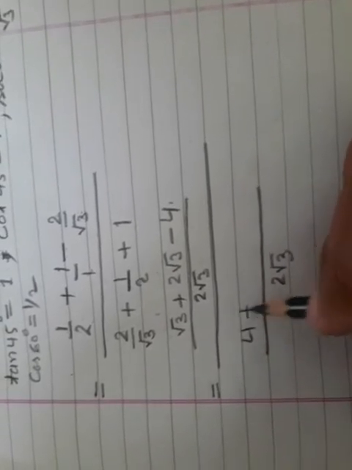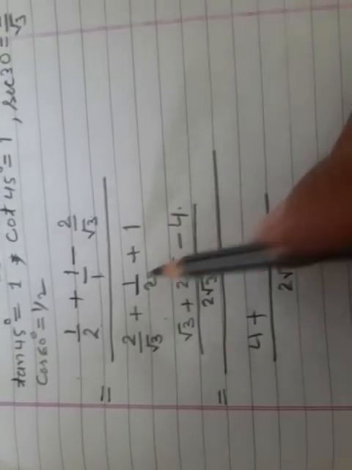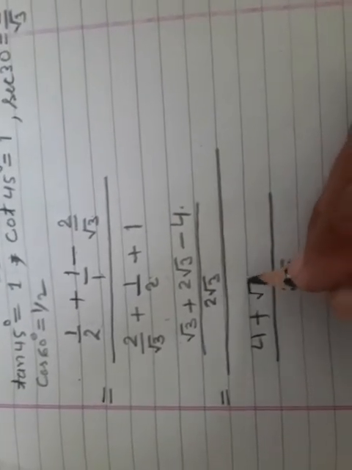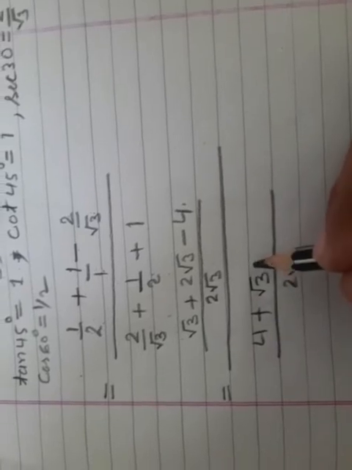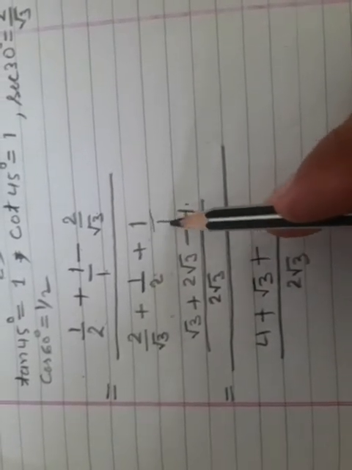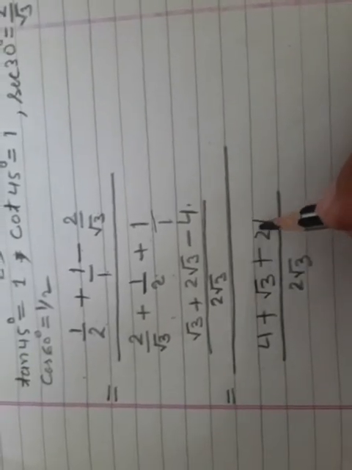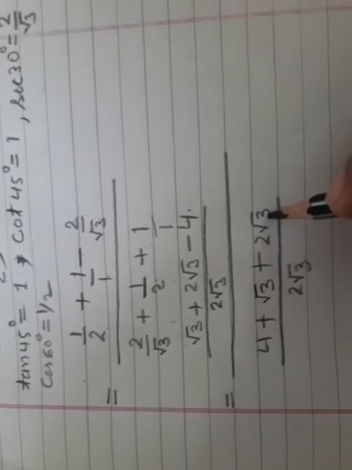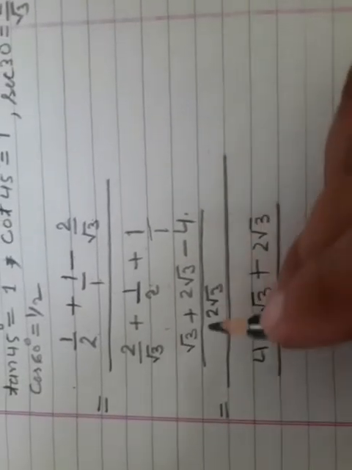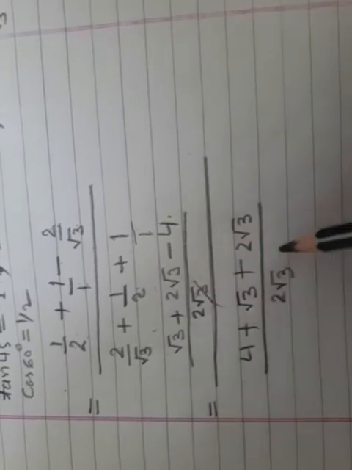Clear? Plus, divided by 2 is cancelled, root 3. Clear? Plus, divided by 1 here, 1 divided by this one is 2 root 3. Clear? What we get here, these denominators are the same, this portion is cancelled now.